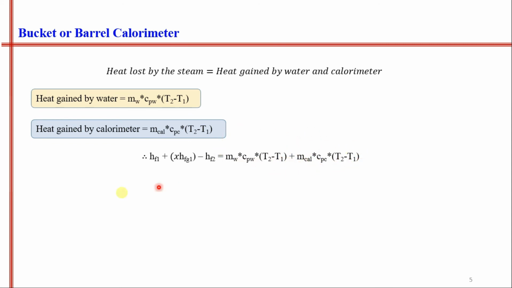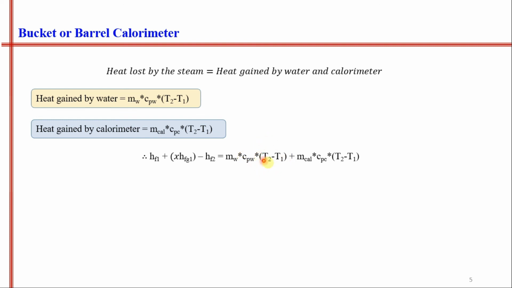If you look at this equation, HF1 can be found from the steam table at pressure P. HFG1 again can be found from the steam table. HF2 we can find from the temperature steam table, because we know the temperature after the experiment, so at that temperature we can find the enthalpy of fluid. The mass of water we measured before the experiment. CPW, the specific heat of water, is known.